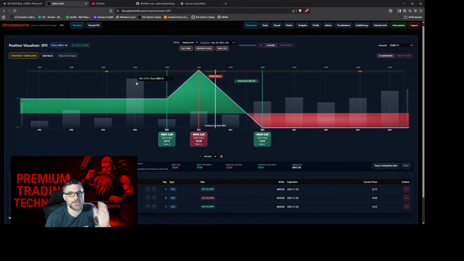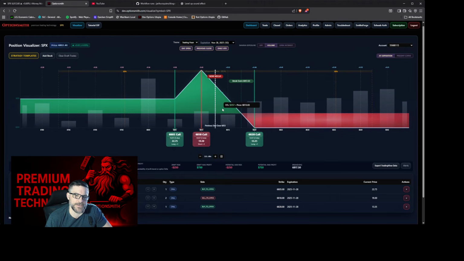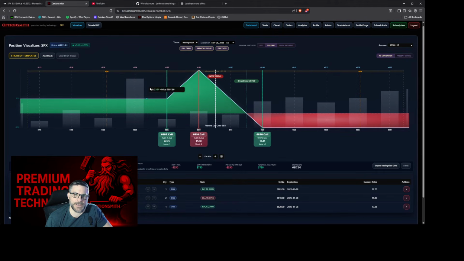Now, one drawback to the broken wing butterfly is the dependence on liquidity. So you have three legs instead of two, so you're adding in the bid-ask spread of three different option strikes. And in SPX, I've had a lot of success with getting filled.